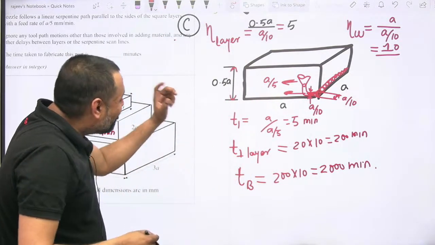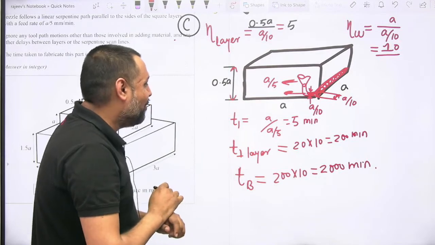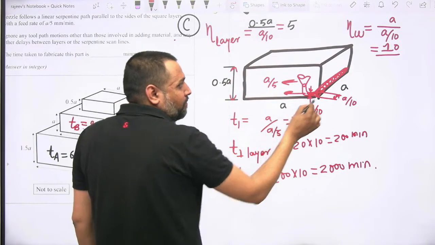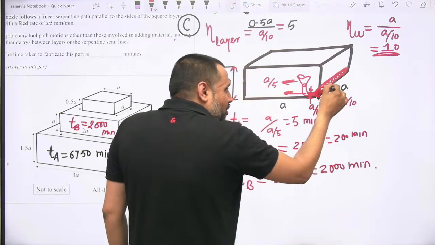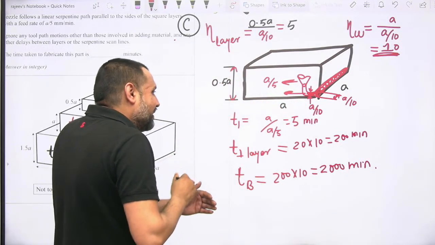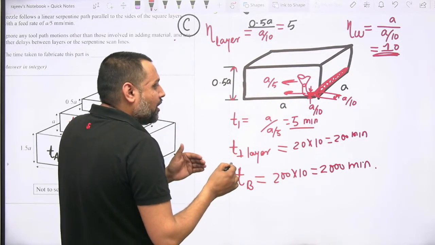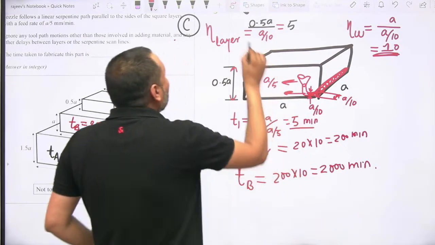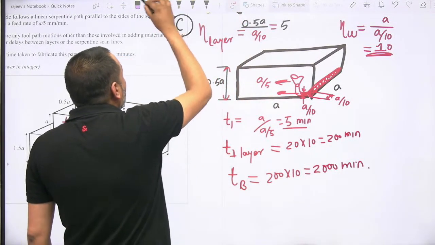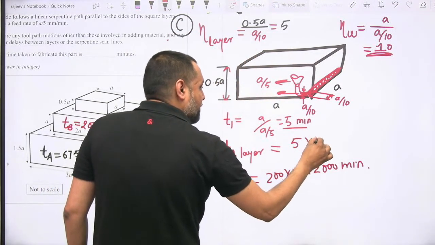So the time taken for making one layer of block C: total 10 such cylindrical depositions will be there in the serpentine movement, and one movement takes 5 minutes. So total time taken will be 5 into 10, that is equal to 50 minutes.